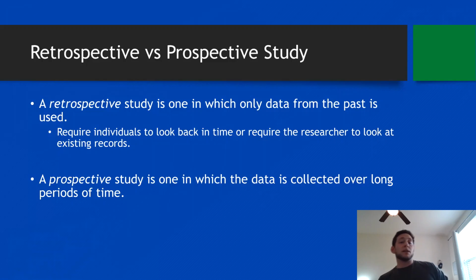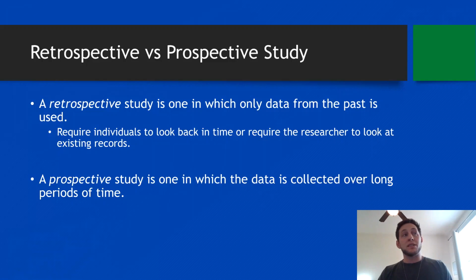Now, sometimes you'll want to dive into the past, or sometimes you'll want to follow people for a long time in your studies. This would be the difference between a retrospective and a prospective study. A retrospective study is one in which only data from the past is used. This might require individuals to look back in time or require the researcher to look at existing records.